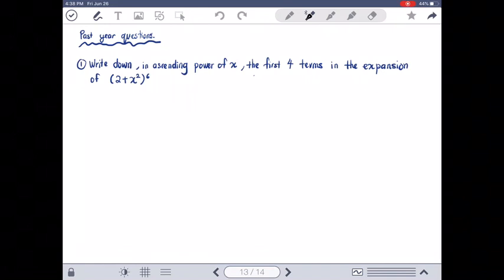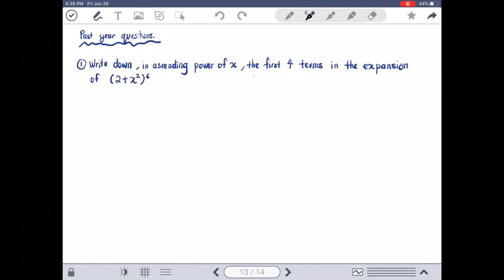Now let us have a look at an example from past year questions. Write down in ascending power, which means from lower power to the higher power, the first four terms in the expansion of (2 plus x squared) to the power of 6.